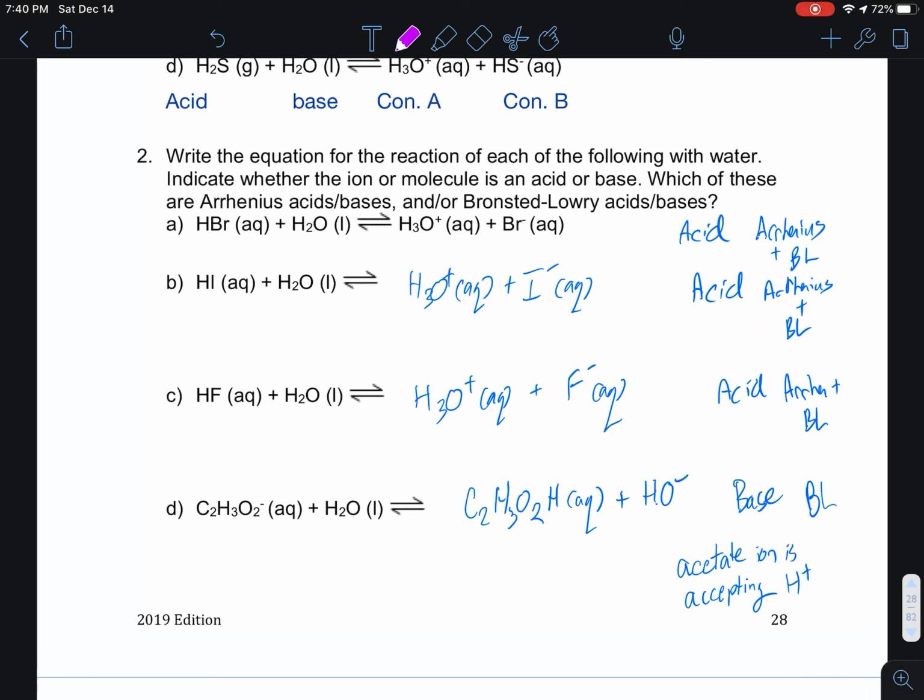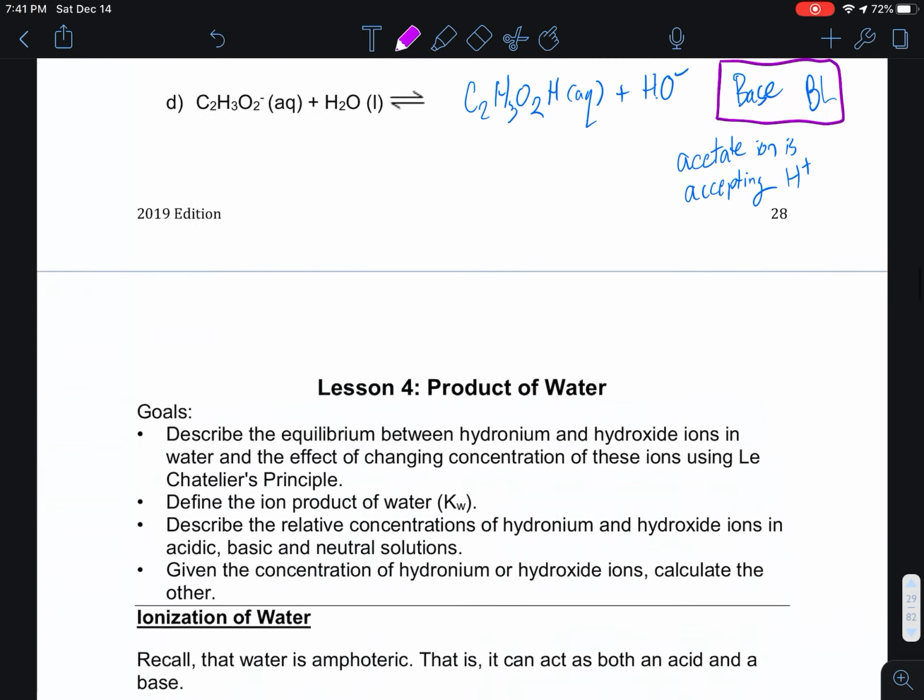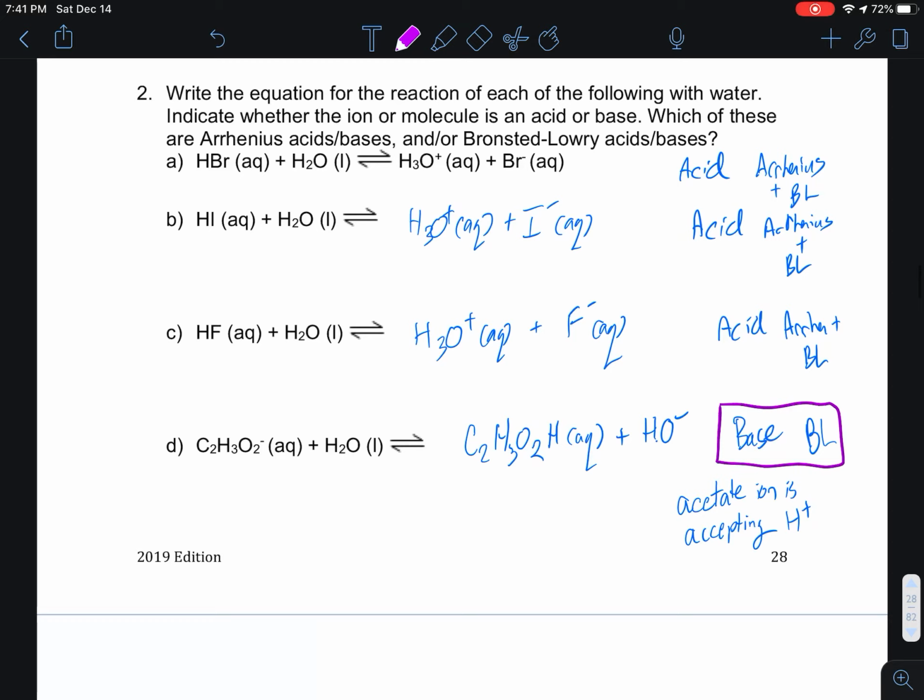So all of these are Arrhenius acids. They all are donating protons. And then this base down here, though, is a proton acceptor. So this is the only base that follows the Bronsted-Lowry, but not the Arrhenius definition.